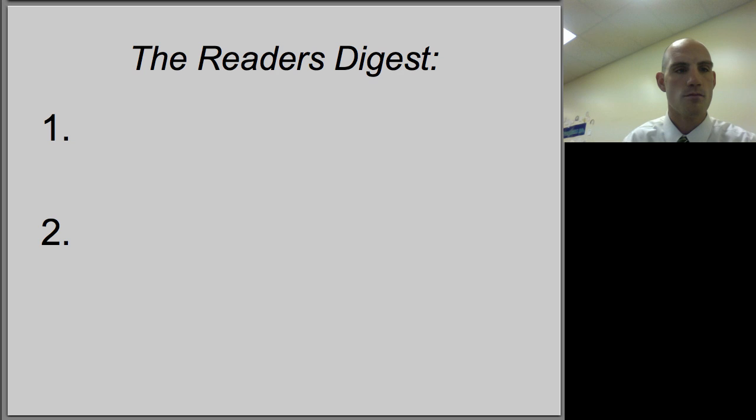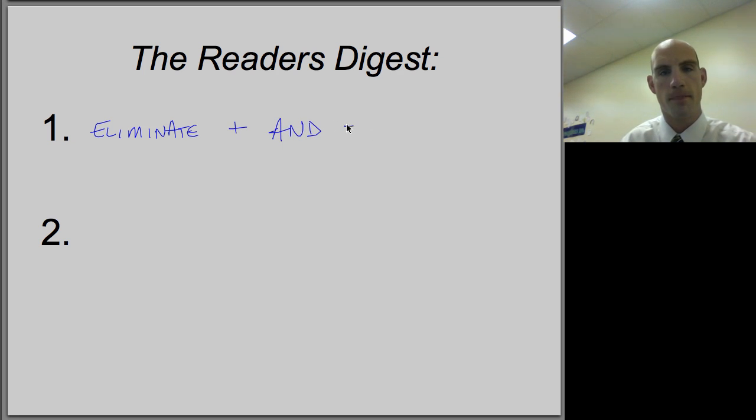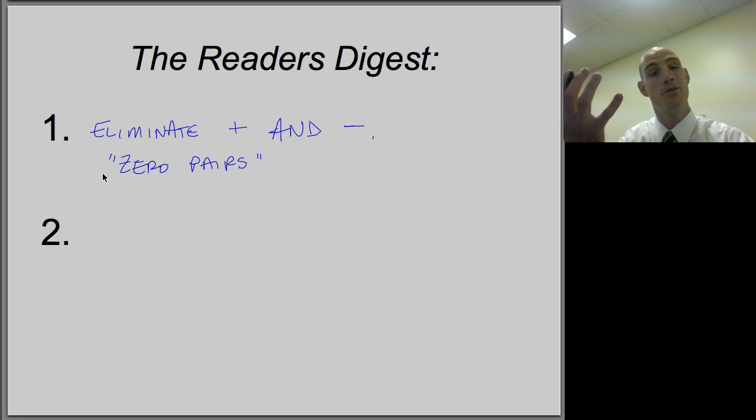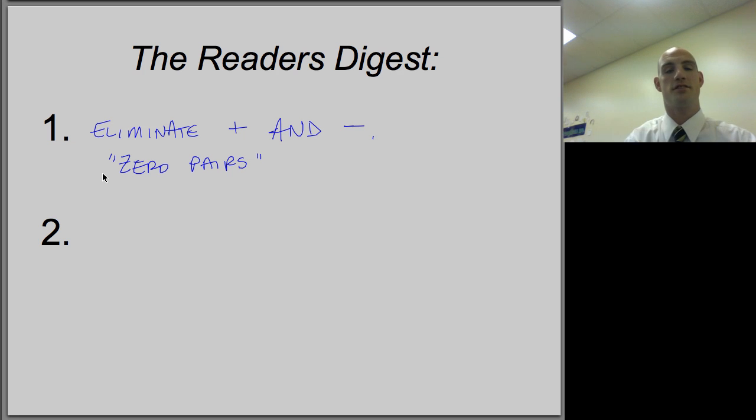First, we need to eliminate addition and subtraction. Okay, that's also going to be called zero pairs. So we're basically working in reverse of the order of operations when we're undoing these things. So we're going to eliminate addition and subtraction.